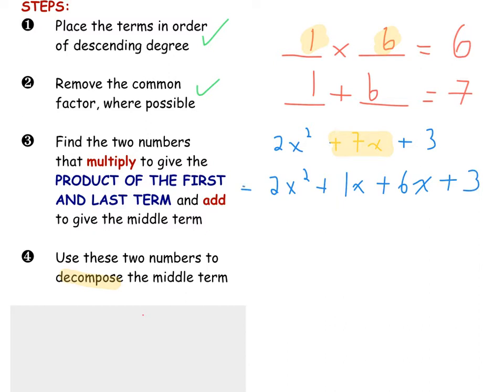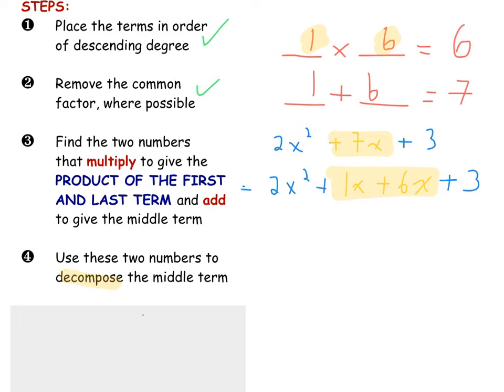We call this decomposing the middle term because, as you'll see, instead of writing 7x, I've now got it written as 1x plus 6x, and in doing so, I have not changed my equation at all. I've simply rewritten it in a different form.